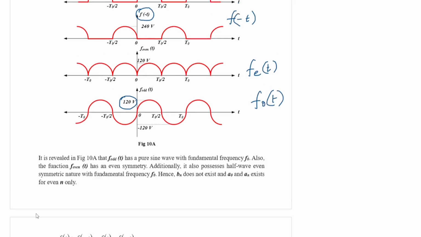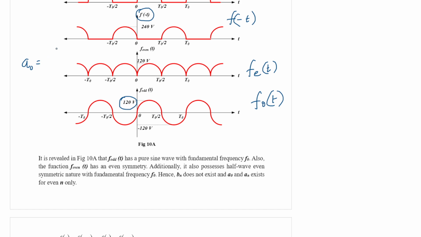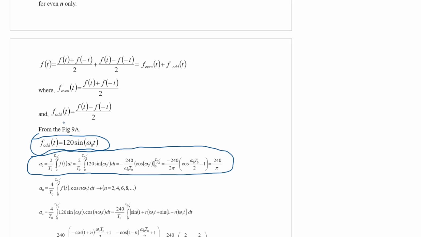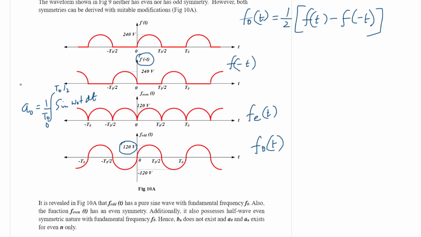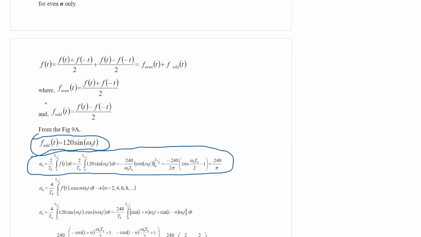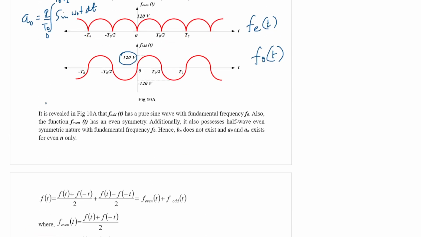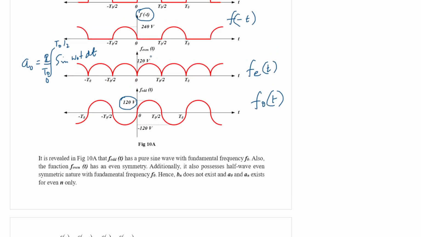So it's simple. A0 is nothing but 2 by t0 integration, with limit from 0 to t0 by 2, of sine omega t dt. Since this magnitude is 120, let me write it afresh.